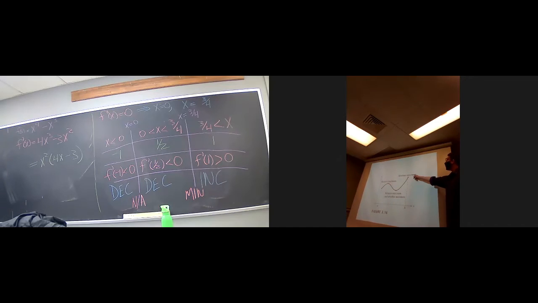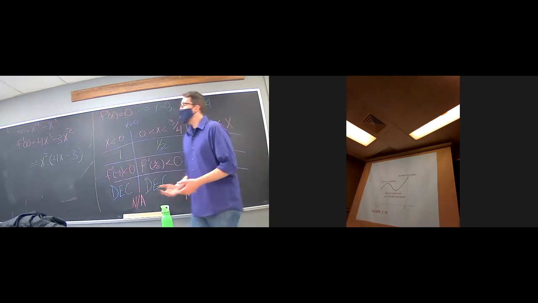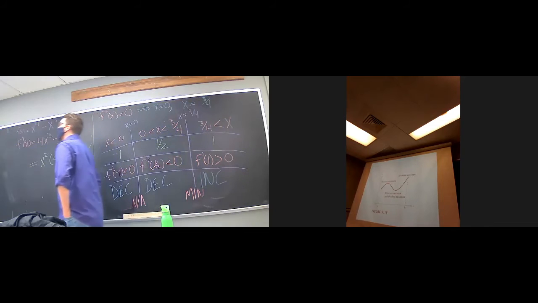In the case of an absolute max, for any value in that interval, your function will always be smaller than the max. Conversely, if you have an absolute min, for any value in that interval, your function will be greater than. Make sense?